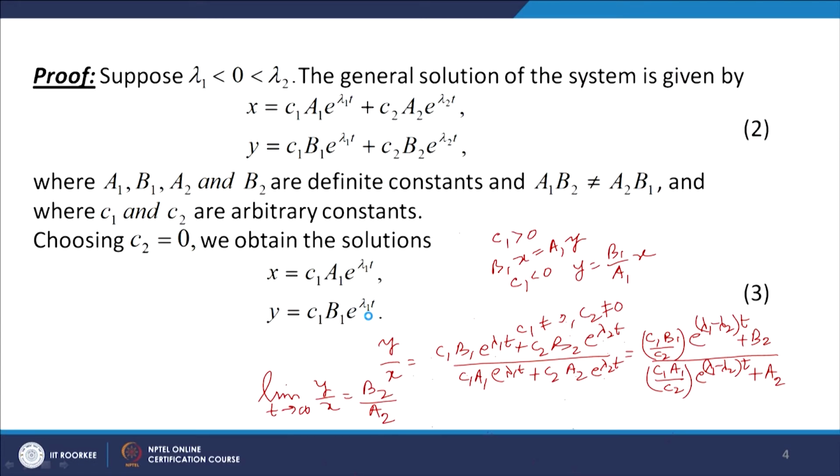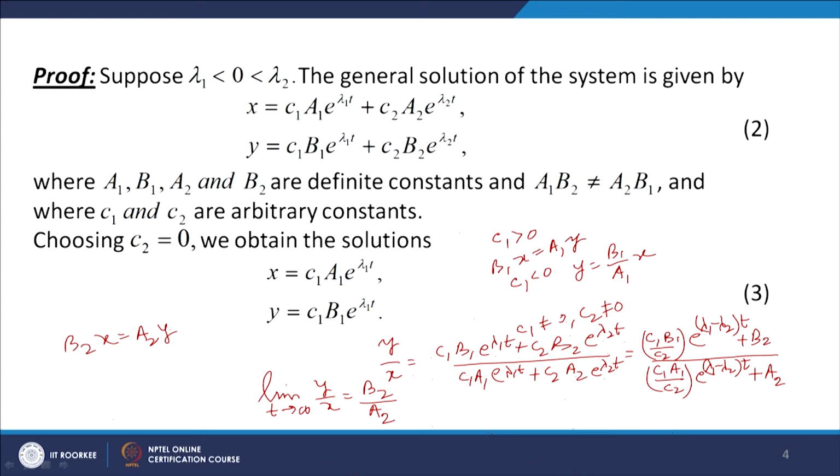You see, this is what we have, y over x. Y over x is the slope of any point x y on the rectilinear path. This is B2 by A2. So, this means that the slope of the tangent to the rectilinear path approaches B2 by A2, that is the slope of the line B2x equal to A2y. So, B2x equal to A2y, this line has the slope B2 by A2.